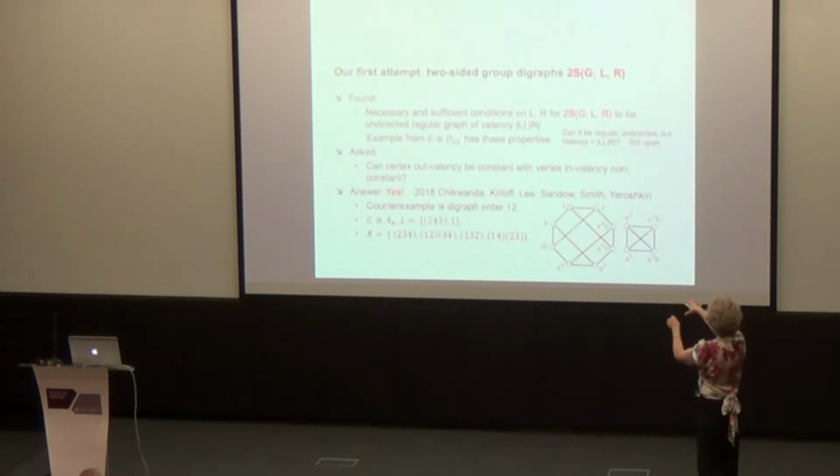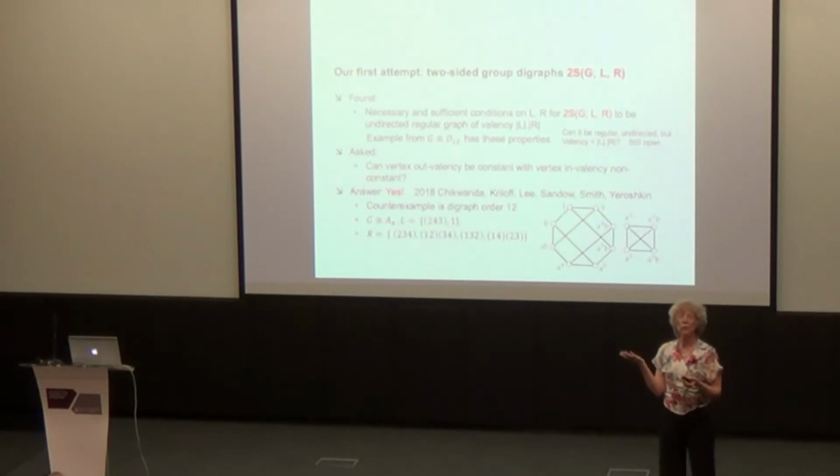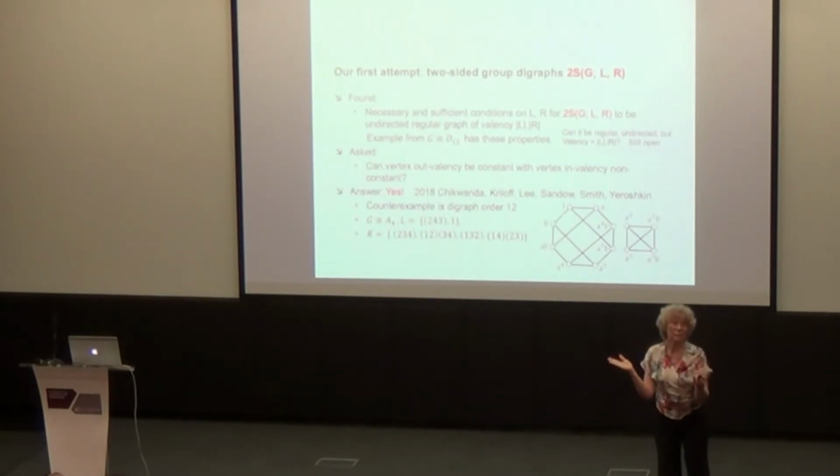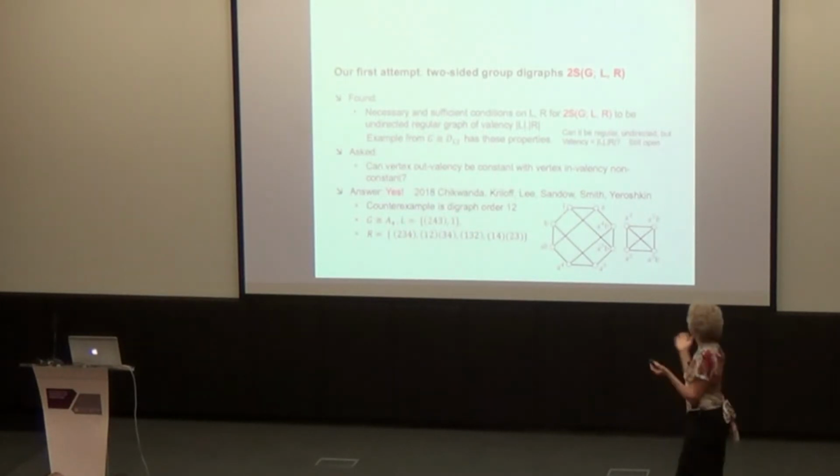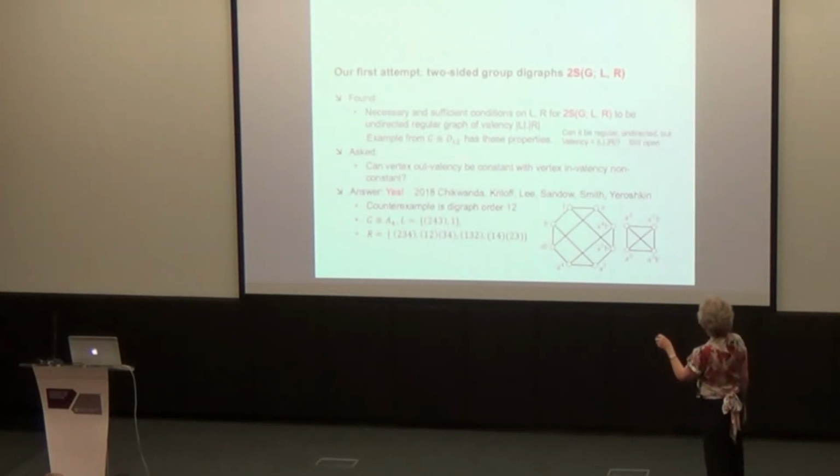This graph I've got down here has that property. It's undirected, it's regular of valency 3 times 1. Still an open question, we've got no idea, no one's answered it yet: is it possible for one of these 2-sided group digraphs to be undirected and regular, but with valency smaller than the size of L times the size of R? Don't know.